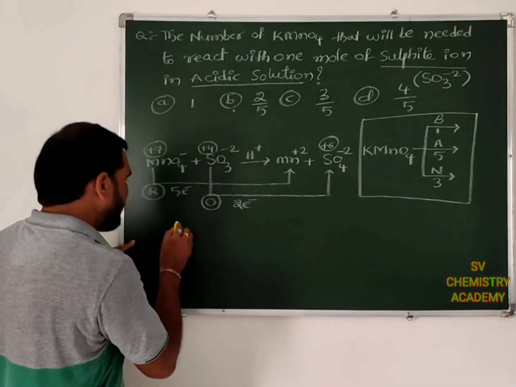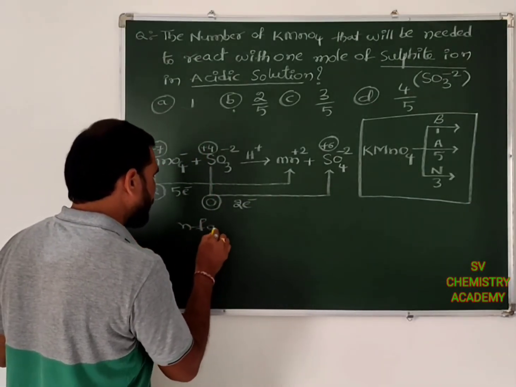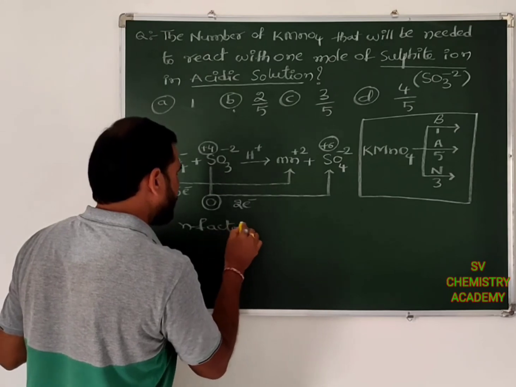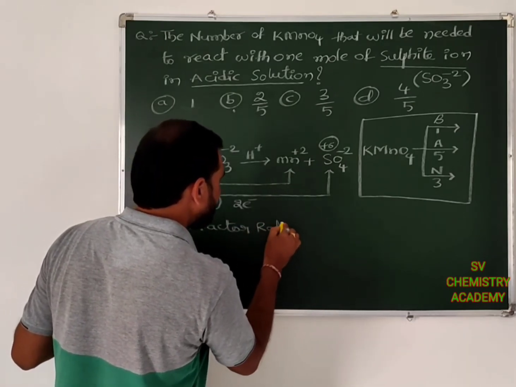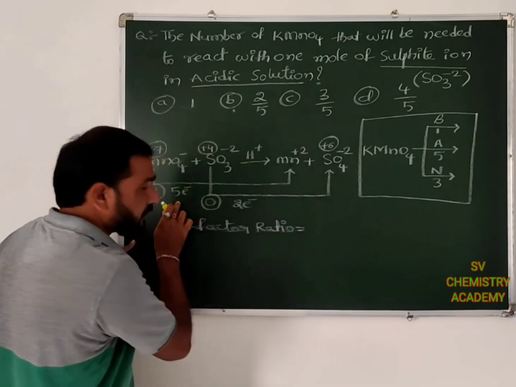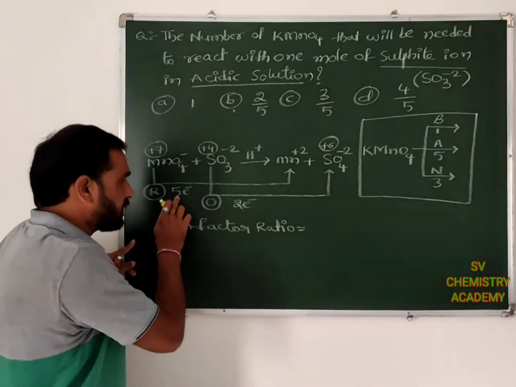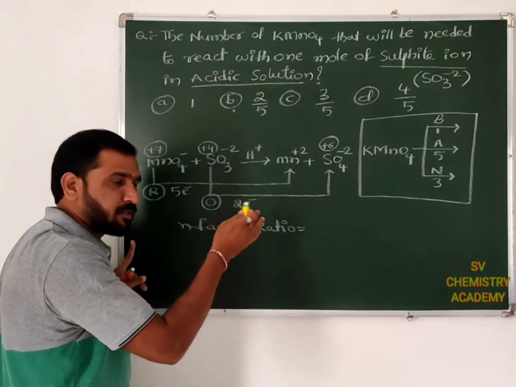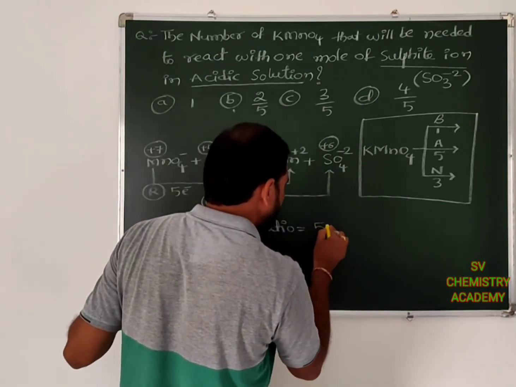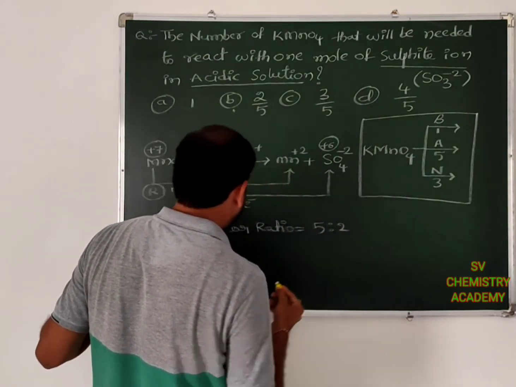As I told, the N factor ratio is the number of electrons participated in the first step to the number of electrons participated in the second step. Therefore, 5 is to 2.